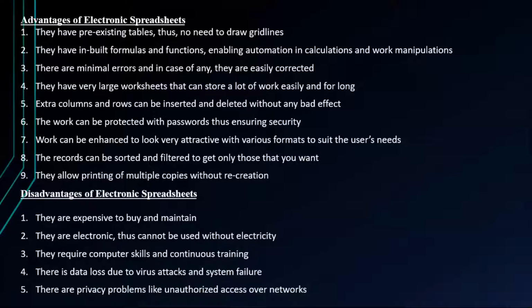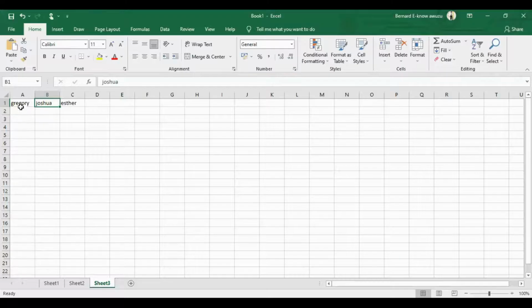Now, the work can be made to look attractive with the various formats to suit the user's needs. Okay. Now I can decide that since I'm looking for a way of promotion, I want to get promoted within this job, and my boss has asked me to bring in these names of Gregory, Joshua, and Esther. I have to make it look attractive. How can I make it look attractive?